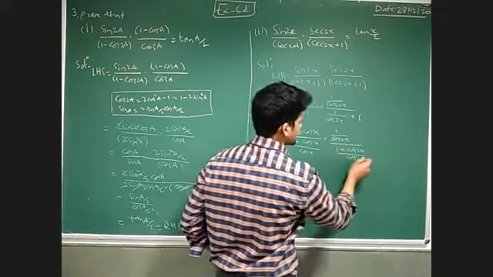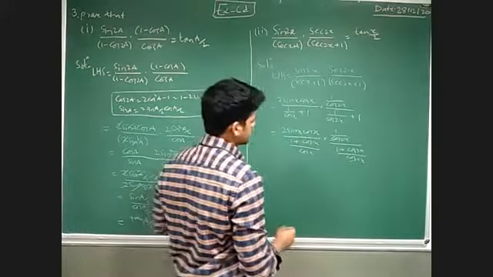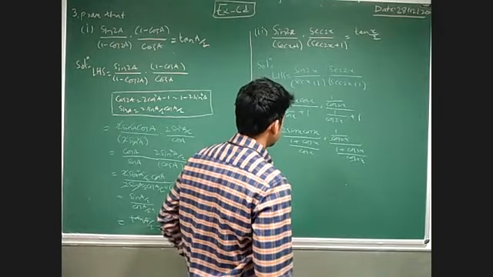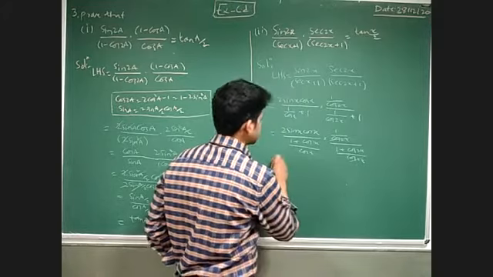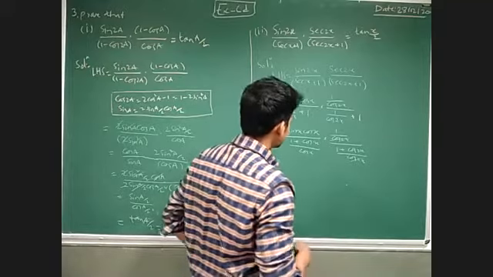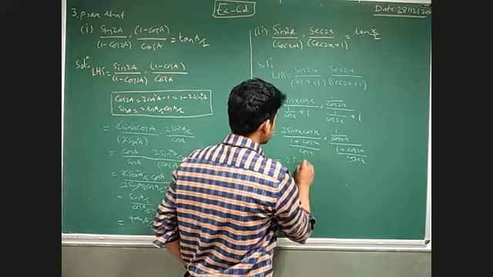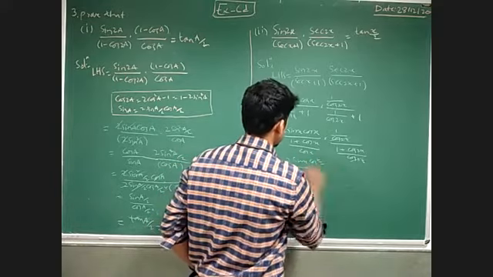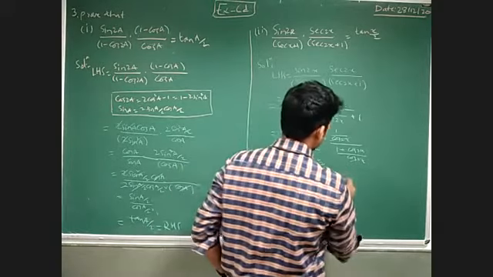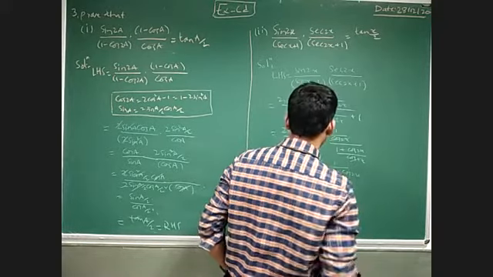This cos 2x will get cancelled, and cos 2x will get cancelled. Now it will go up, then it will be 2 sine x cos square x, and here 1 plus cos x into, and here I will have 1 plus cos 2x.